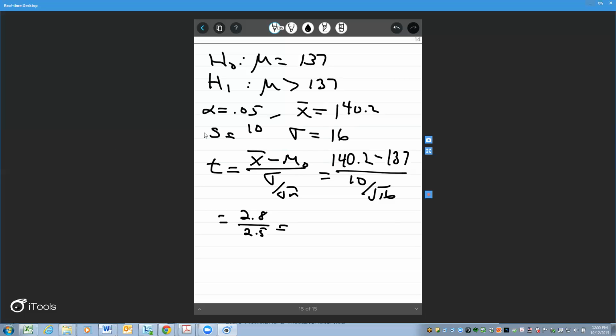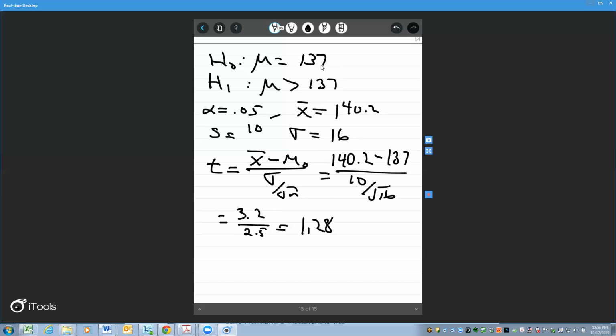How about if I do arithmetic correctly? 140.2 minus 137 is 3.2, which gives me 1.28. So I know that's my t-value: an observation of 140.2 is only 1.28 standard deviations above this hypothesized mean of 137.